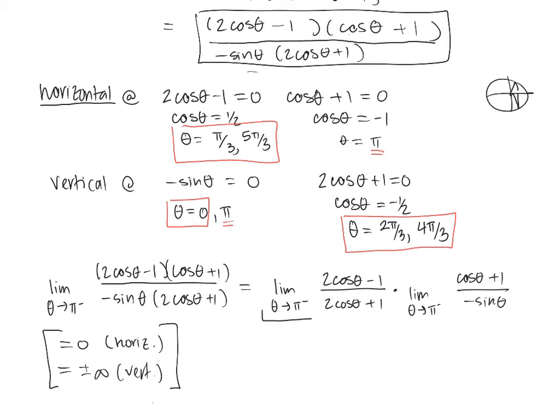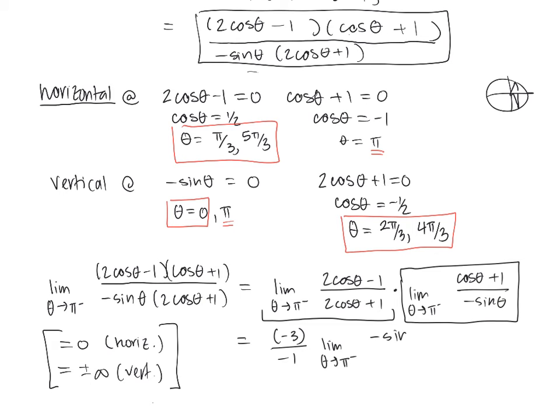With this first thing, can you now just plug in pi? Sure. I think the numerator ends up being -3. The denominator ends up being almost -1, right? What rule do you have to use on this next part? L'Hopital's. Derivative of cosine is negative sine. Derivative of negative sine is negative cosine, right?